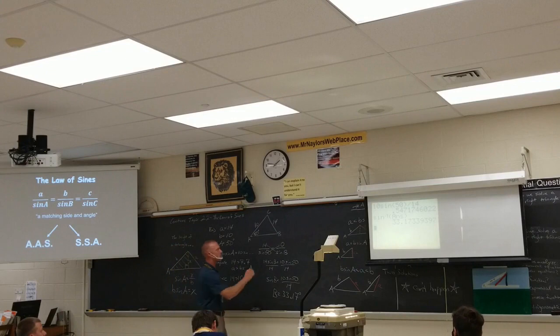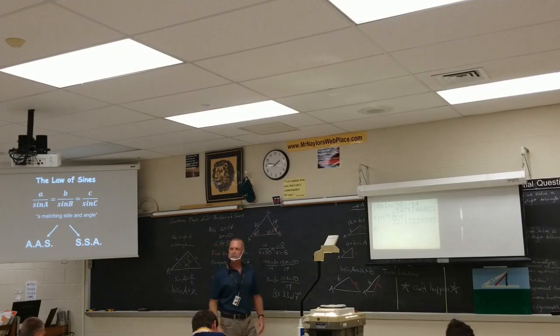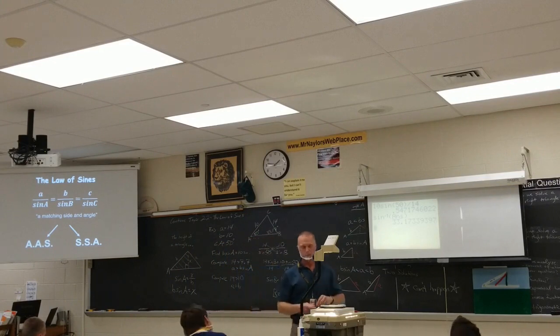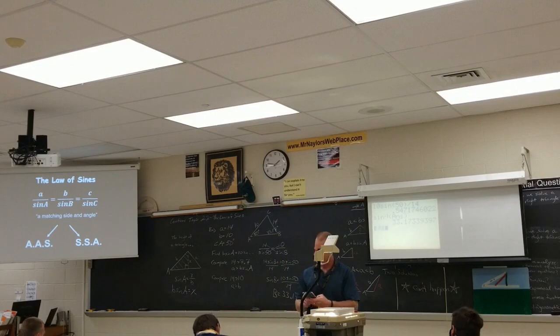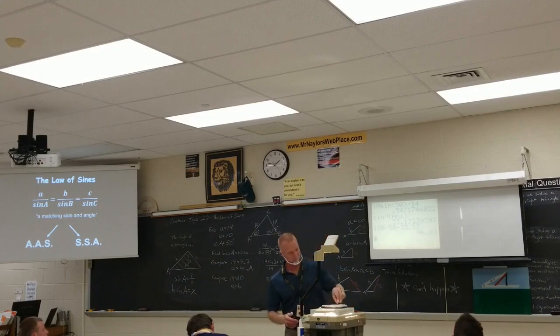Please, if something's popping up and you want to ask about it, just give a holler because we're still solving this triangle. Okay, and the truth is that once you have that angle, once you have 33 degrees, the remaining angle is certainly just a supplement away.